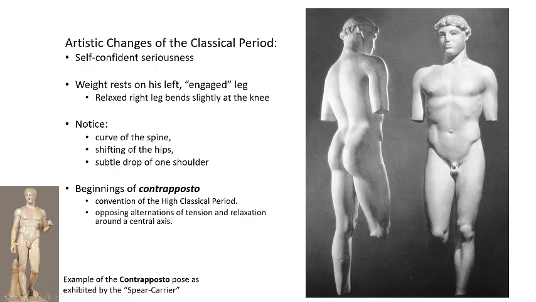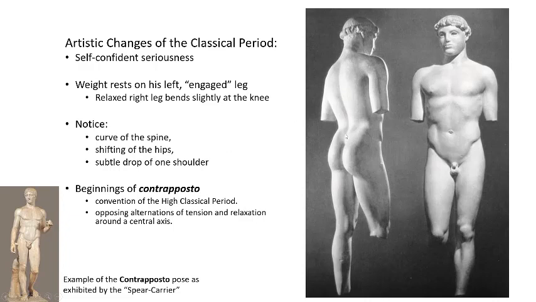The changes continue throughout the classical period, and we start to see these kinds of freestanding males represented with a sort of self-confident seriousness. We see a shift of the weight from being very central in the body to one where it starts to rest here on his left leg, with a more relaxed right leg, bending slightly at the knee.